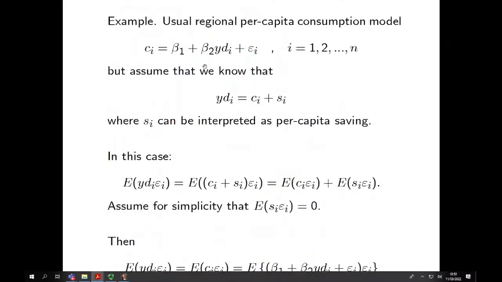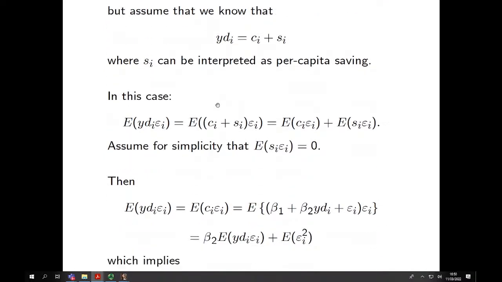This is what the model says. But the second equation says that consumption in turn is part of income. So, in a sense, the first equation does not explain only consumption, but also income. That is the circularity, the causality issue that we have in this kind of model.